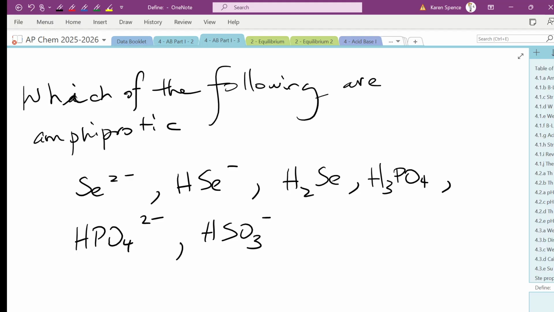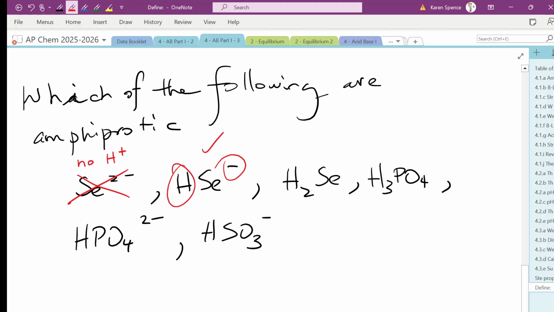You don't even need the table for that. Okay. Se2 minus. Amphiprotic or no? No, why not? There is no H plus. You need to have an H plus. HSe minus, yes or no? Yes, we have both the H and the negative.